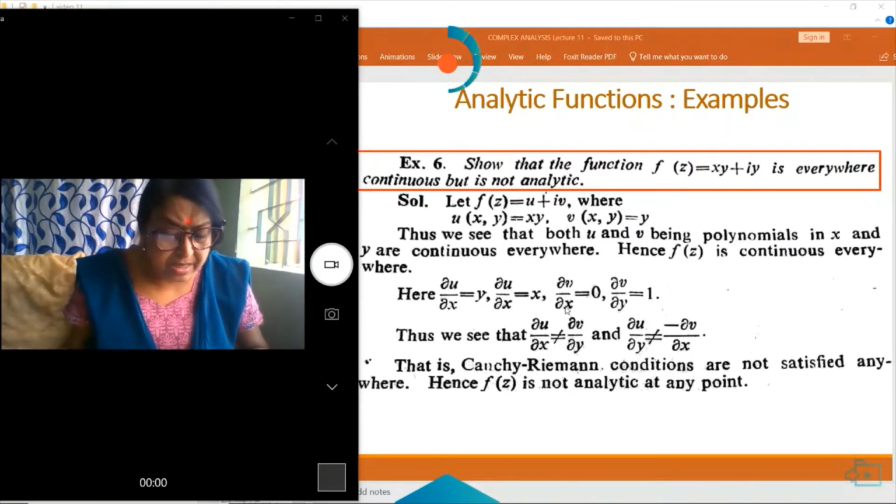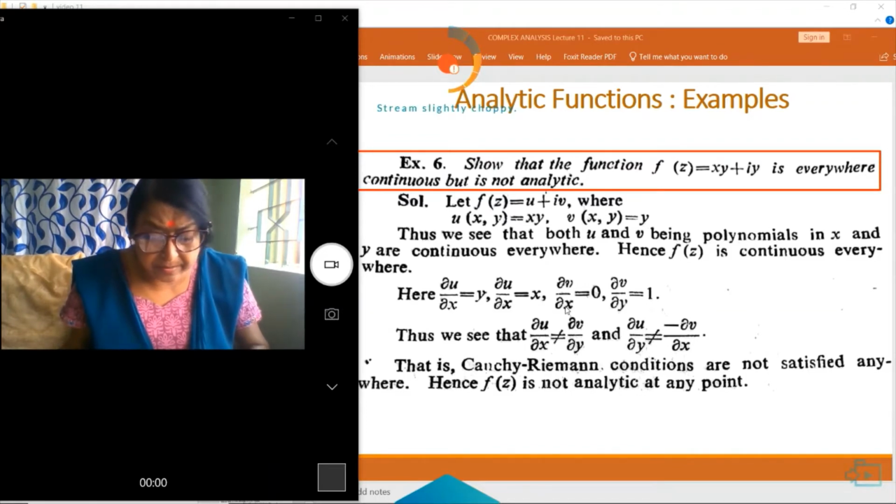Show that the function f(z) = xy + iy is everywhere continuous but not analytic. So here f(z) is equal to u + iv, where u(x,y) can be written as xy, that is the real part, and v(x,y) can be written as y.